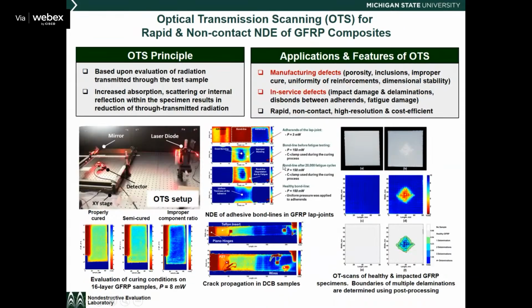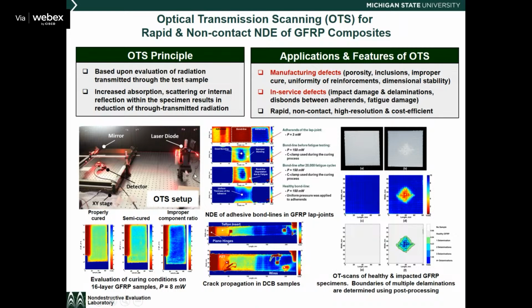Well, for optical techniques here at CVRC, we have this optical transmission scanning, OTS, technique for rapid and non-contact NDE of GFRP, and the idea is you can have a laser, and the laser will perform more like a ballistic X-ray imaging. It's not X-ray, it's a laser, a milliwatt laser.